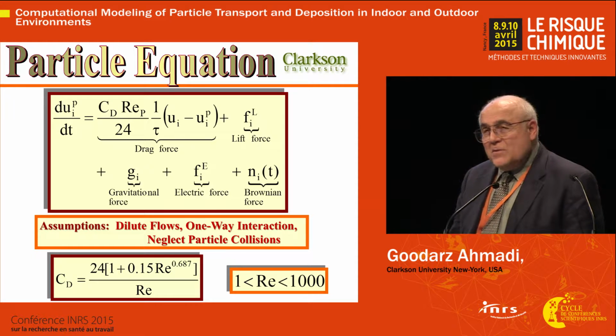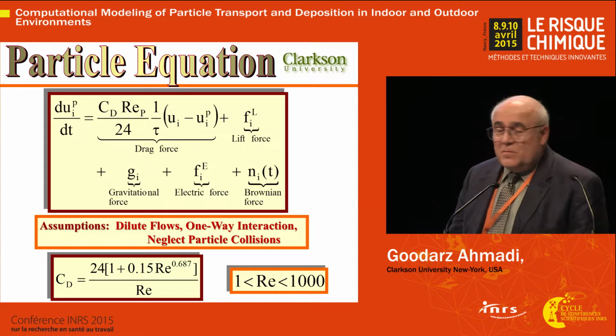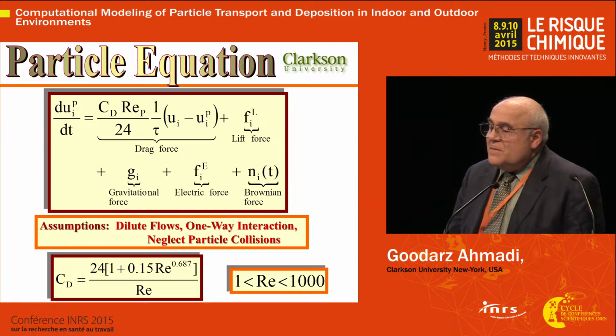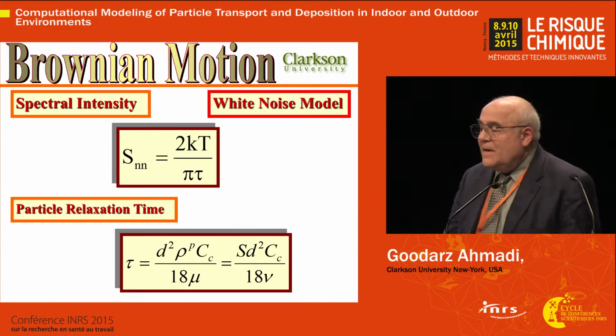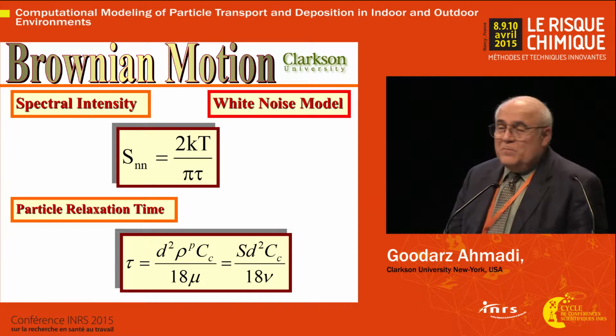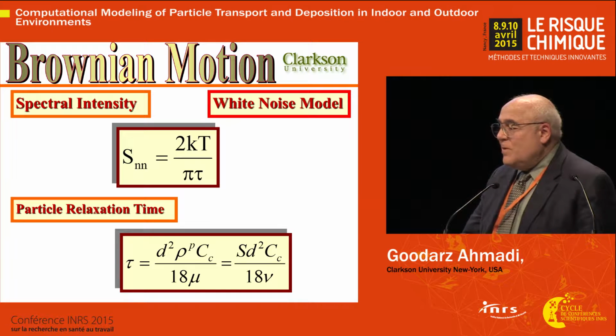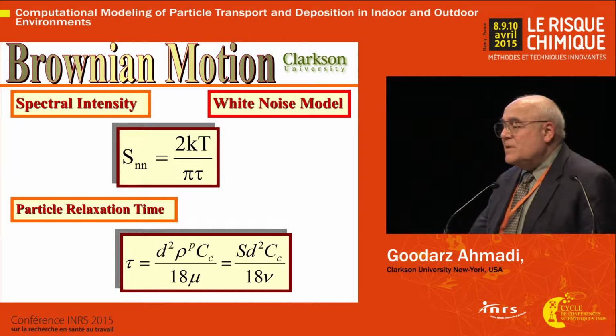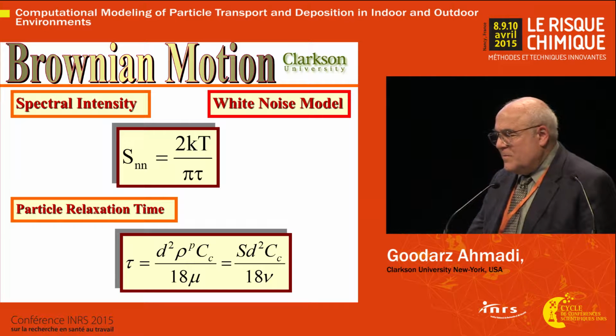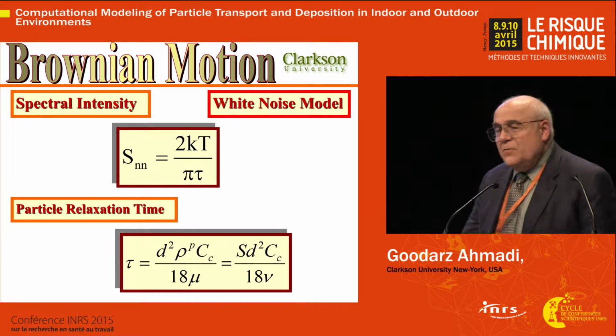And if you're in the nanometer range, then the Brownian forces are important. And in fact, you can include all of these terms in your simulation and essentially track millions of particles as needed. The Brownian motion part, of course, is well known, but in implementing it in a computer model, we did this work some time ago, and now it's commonly used in codes.